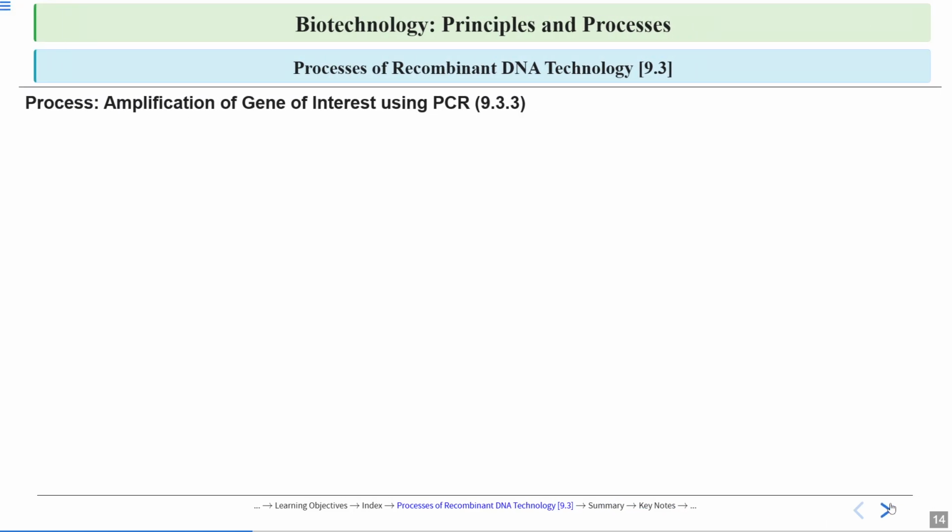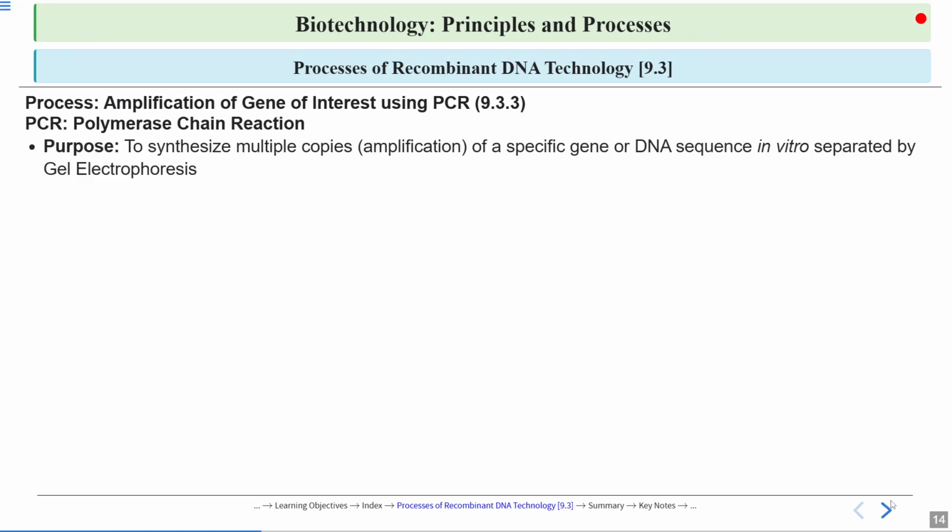So what is the purpose of this? As I told, its purpose is to synthesize multiple copies, amplification, of a specific gene or DNA sequence outside the living organism in the laboratory. We separate this by using gel electrophoresis, which we talked about in the last class. So, what are the requirements?